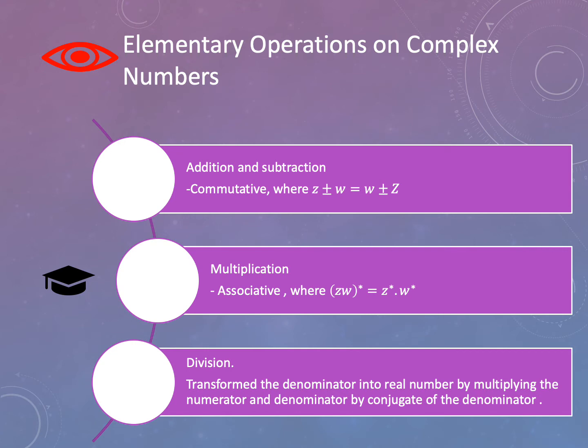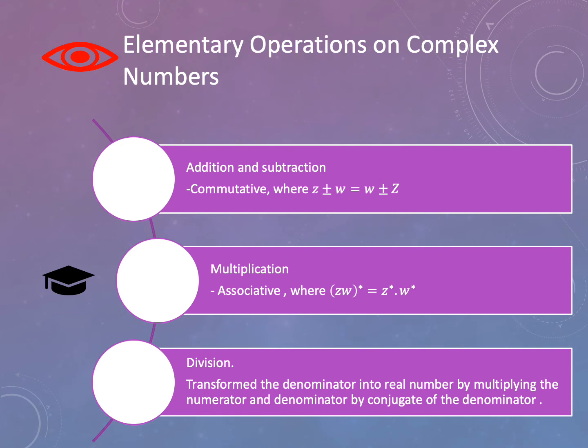And i to the power 3 equal to negative i, and i to the power 4 equal to 1. Multiplication is associative.